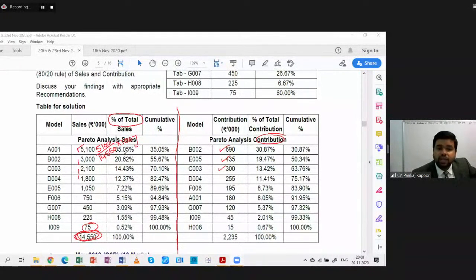It will be 35.05%. Similar way, 20.62%. Similar way, 14.43%. And last but not the least, in the case of I9, it is 75 divided by 14,550 into 100. It will become how much? 0.52. So this is nothing but only the calculation.